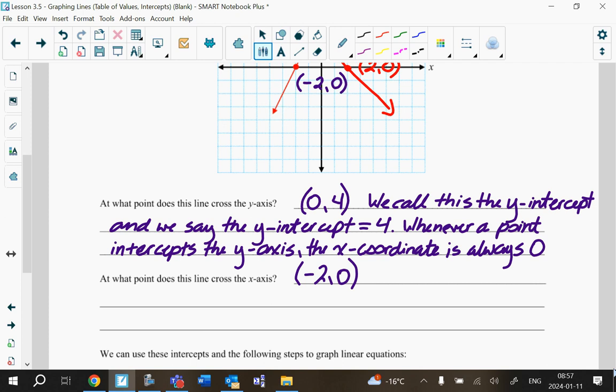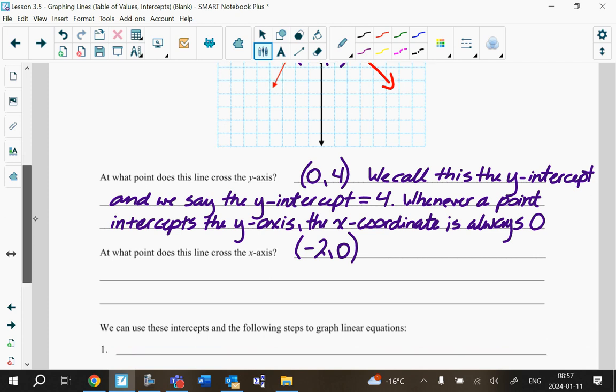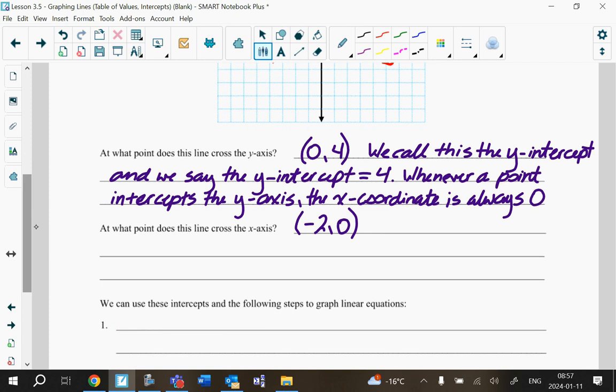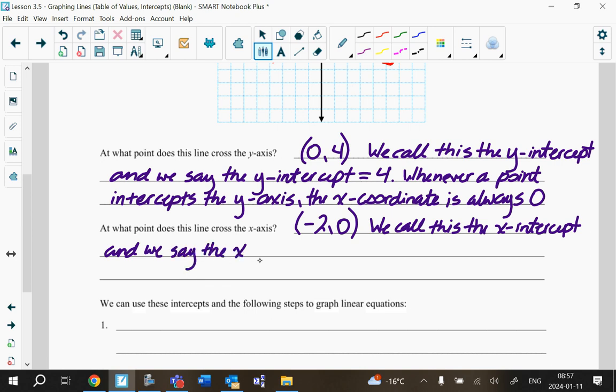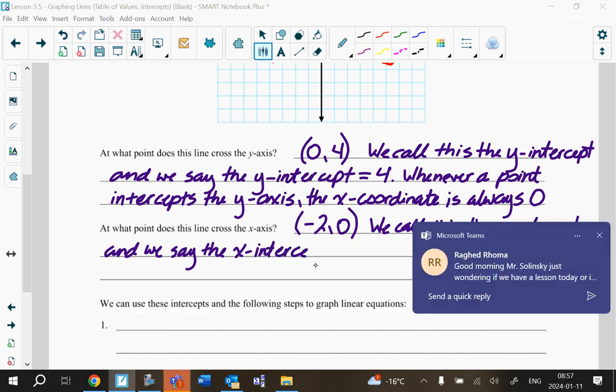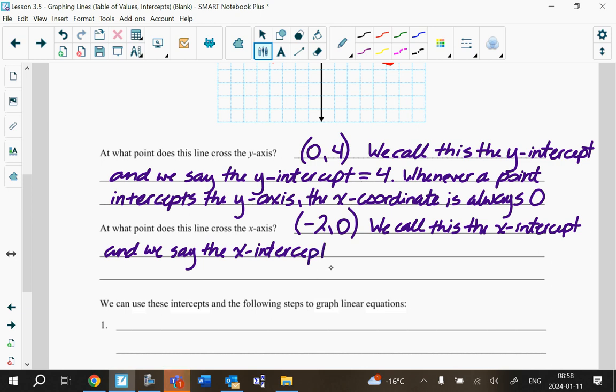And so for the point where it crosses the x-axis, well, what do you think we call that one? Yeah. So we call this the x-intercept. And we say the x-intercept is just the x value. So we say the x-intercept for the line is -2.